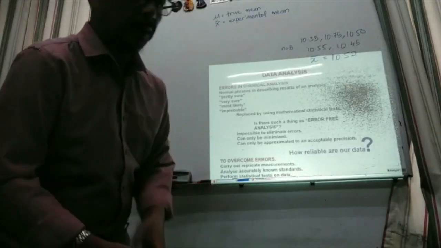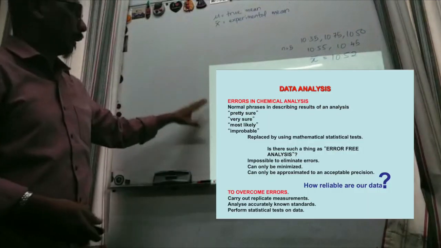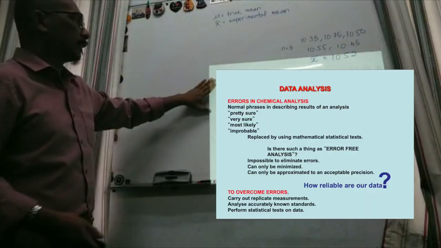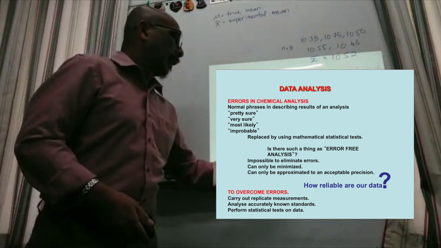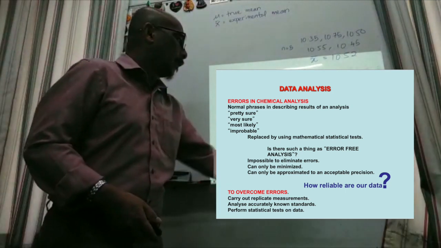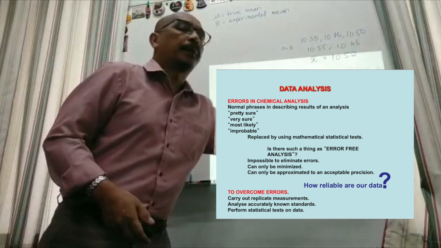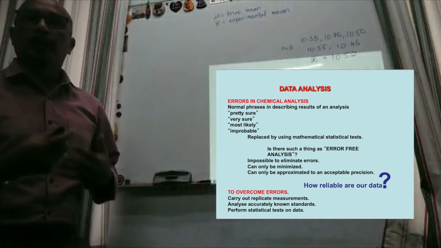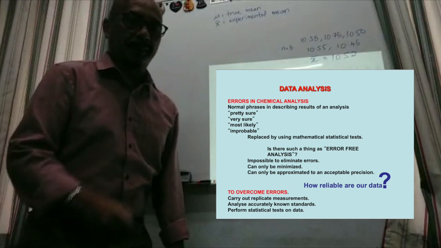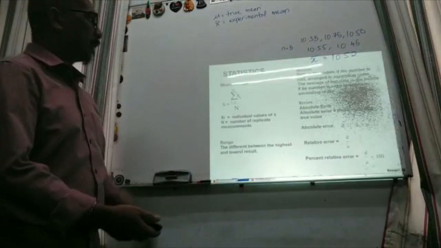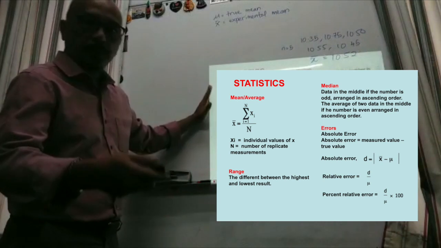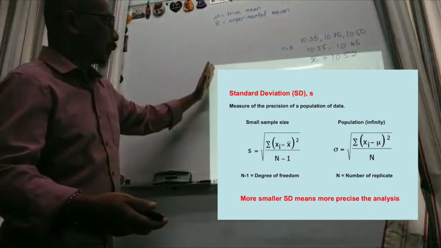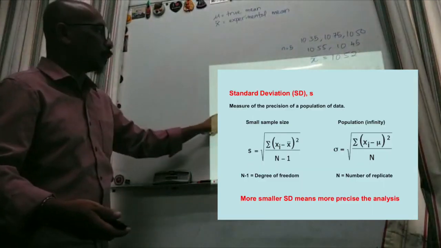If you look in the notes here, on data analysis, errors in chemical analysis and so on, the main concern is how reliable and how valid our data are. That is our concern. This is already stated in the notes, so I'm not going to explain. And this is the standard deviation, how to use it.